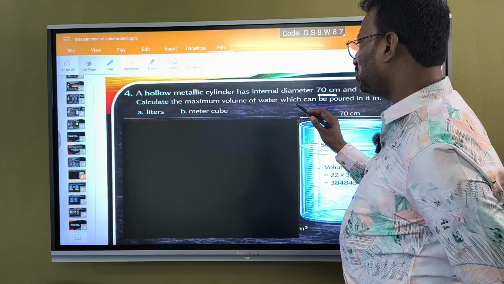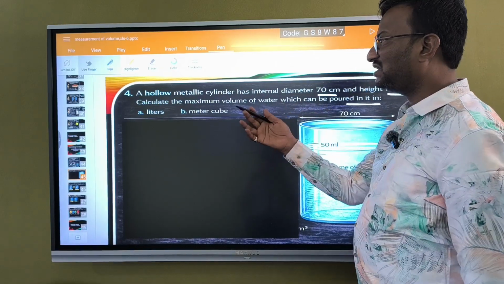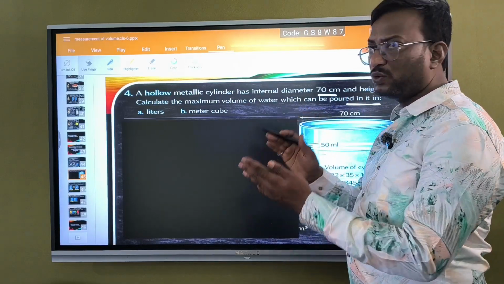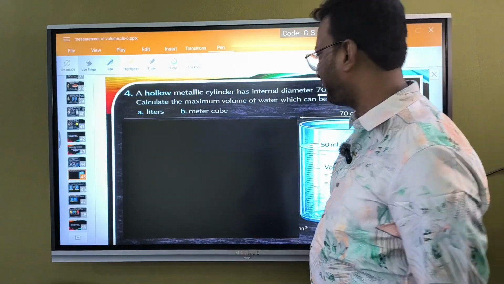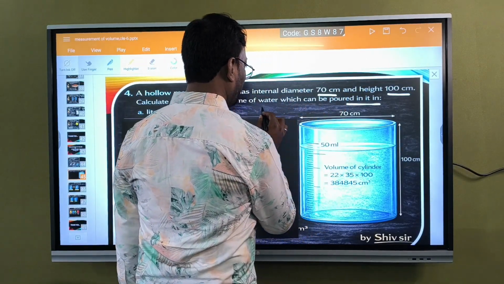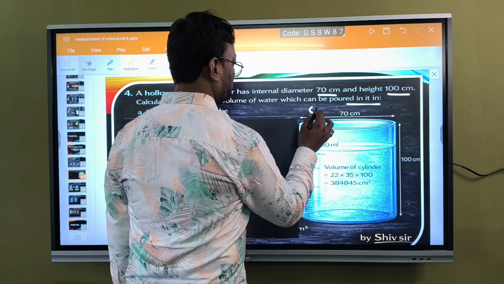Calculate the maximum volume of water which can be poured in it. We have to measure the volume. Since it is given in centimeters, first do the problem in centimeters itself. So diameter is 70, which means radius is half of it, that is 35 centimeters.